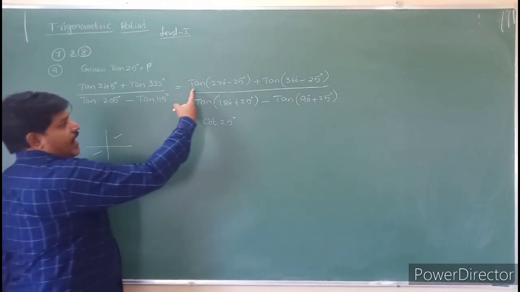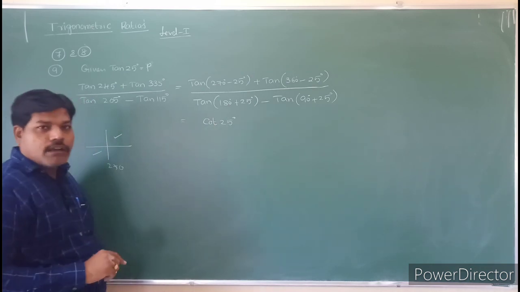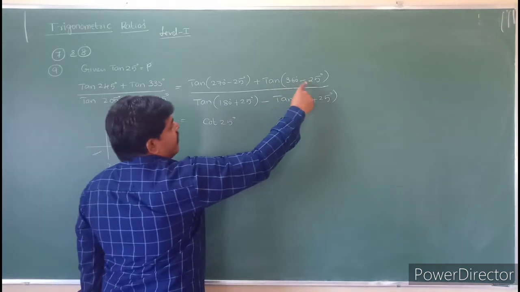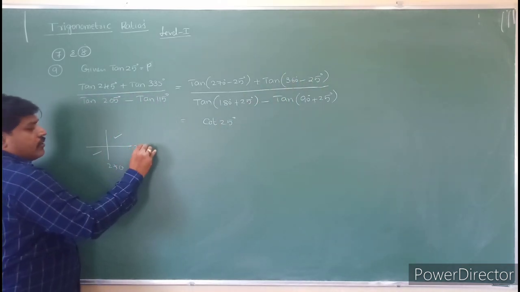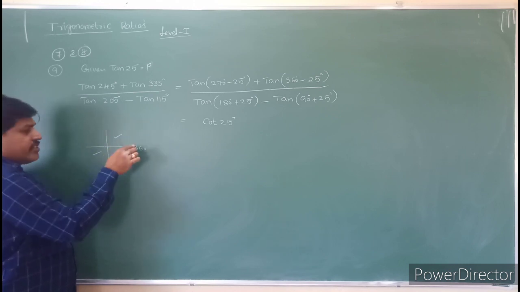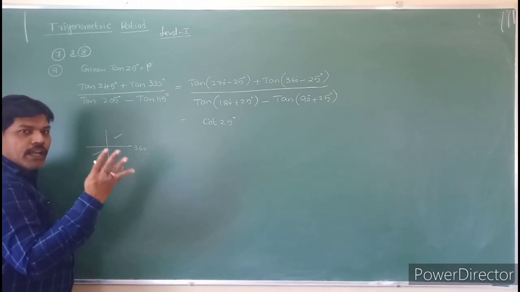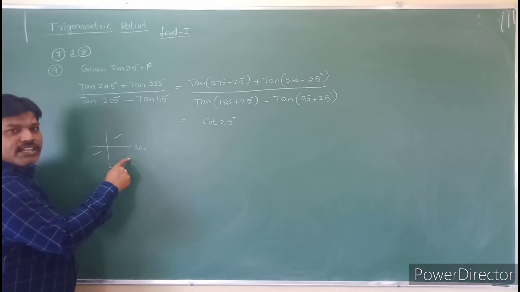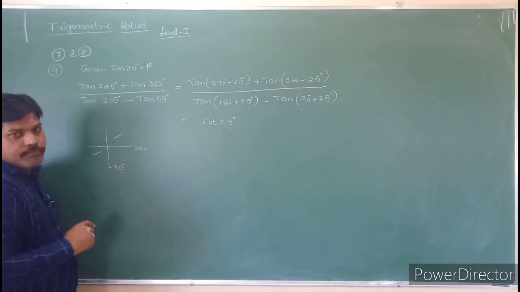Write the formula: tan 270 minus theta is cot theta. Next, tan 360 minus theta. Here it is 360. 360 minus means it is in the fourth quadrant. In the fourth quadrant, tan is negative, yes or no? And since it is 360, tan will remain the same.